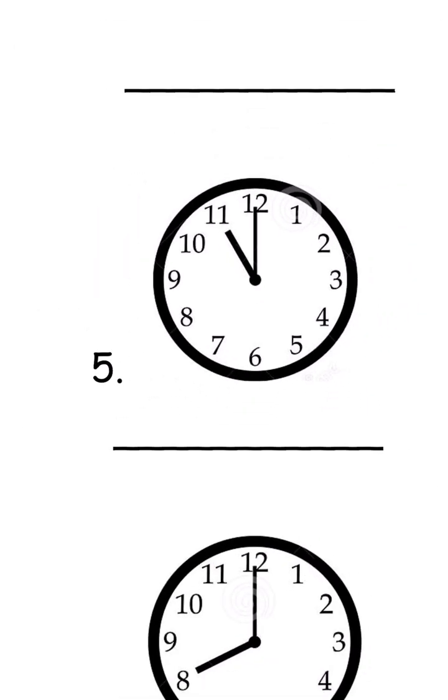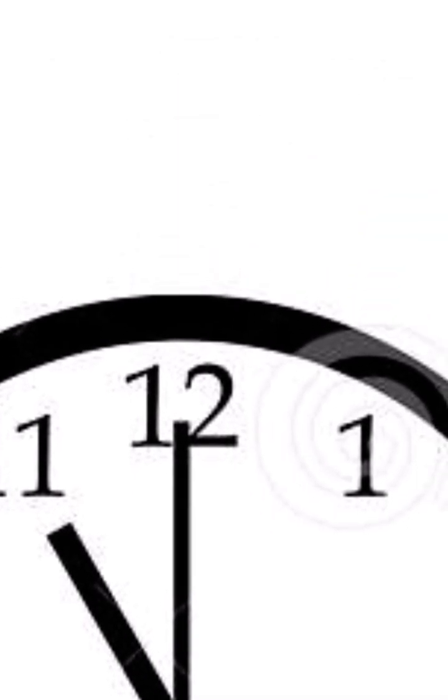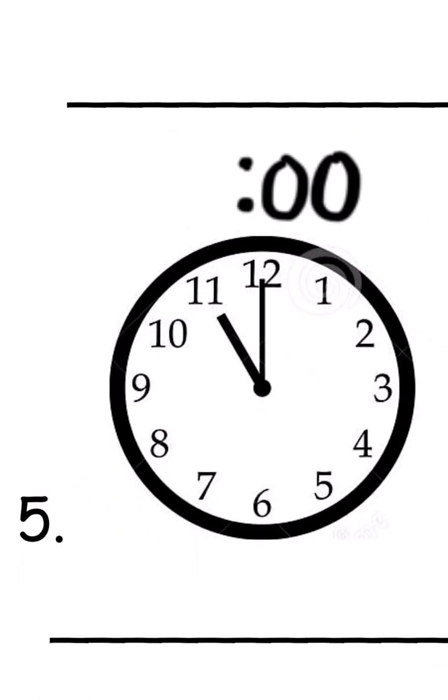So for number 5, it's also the minute. The arrow that indicates minute is again pointing at 12. So if it's pointing at 12, it's going to be 0 minutes. Since 60 minutes also equal to 1 hour exactly.